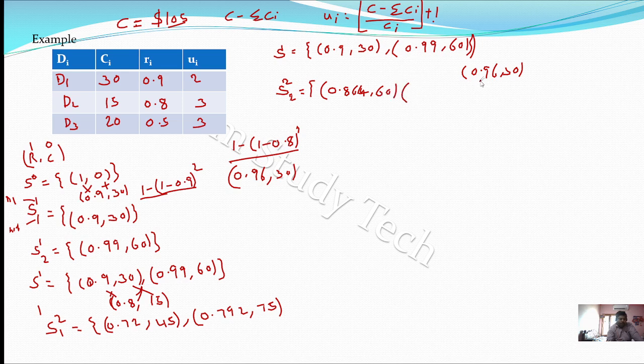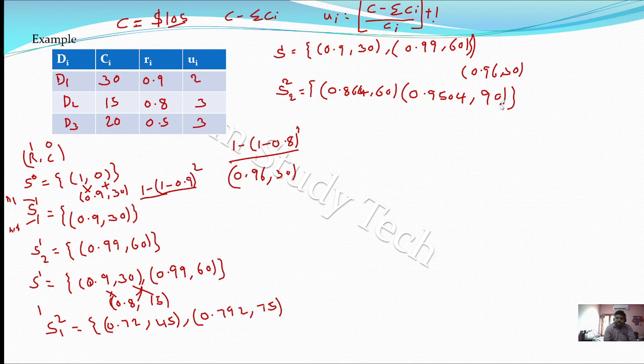Then 0.99 into 0.96 is 0.9504, and 60 plus 30 is 90. You can see one thing here: $90 is already used, so the remaining dollars is 15, by purchasing 2 devices of D2 and 2 devices of D1.